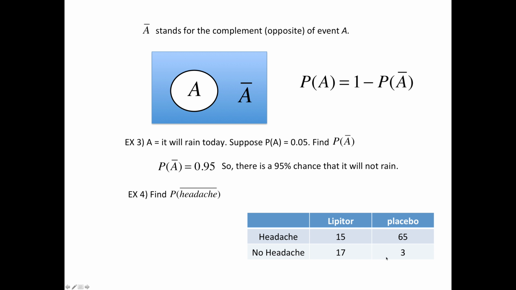They did not have a headache. So if it's 17 plus 3, then that's 20 out of 100. So with this, I was just trying to show there's 2 ways you can, like with number 4, directly find out what's the probability when it has the bar over it. Just do it directly like I did. Or you could use this formula. Sometimes we use one, sometimes we use the other.